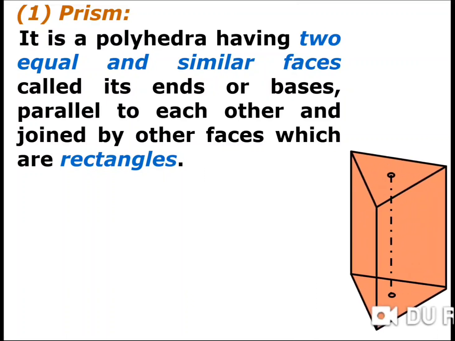Here the top face and the bottom face are triangles. Both are equal and similar faces. They are called ends or bases, parallel to each other, and joined by three rectangles. A triangle has three sides, and three rectangles are the side faces.